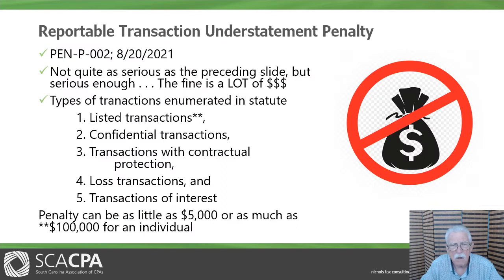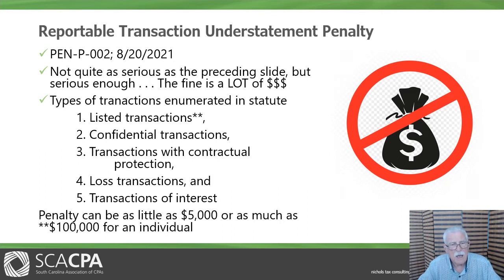Well, maybe not quite as serious as that slide suggests, but serious enough. The fine is a lot of money. The types of transactions which are enumerated in the law are listed transactions, confidential transactions, transactions with contractual protection, loss transactions, and transactions of interest.